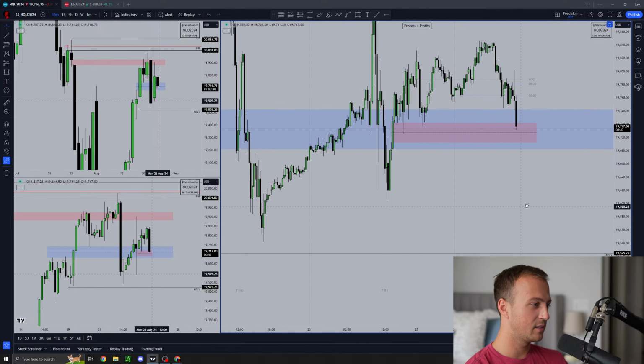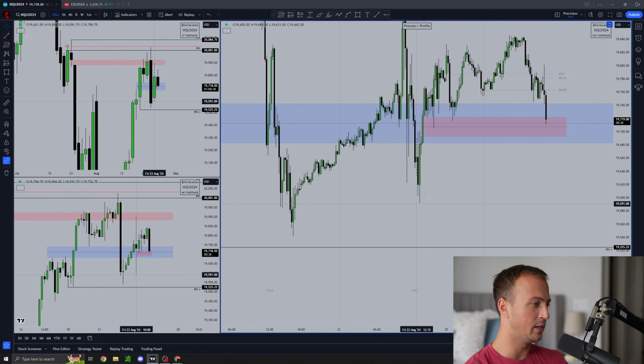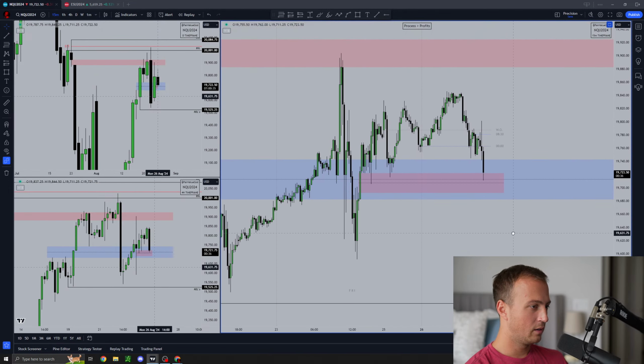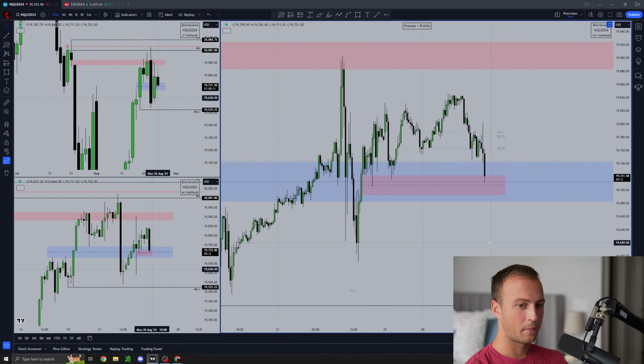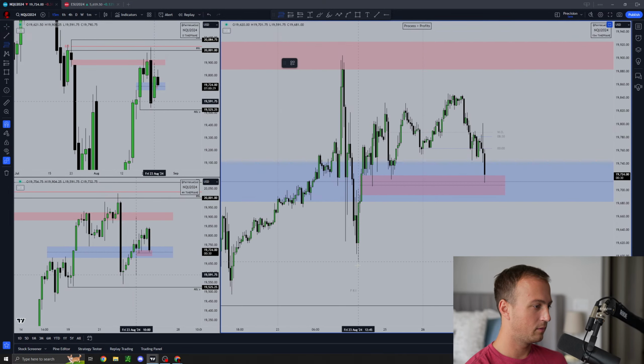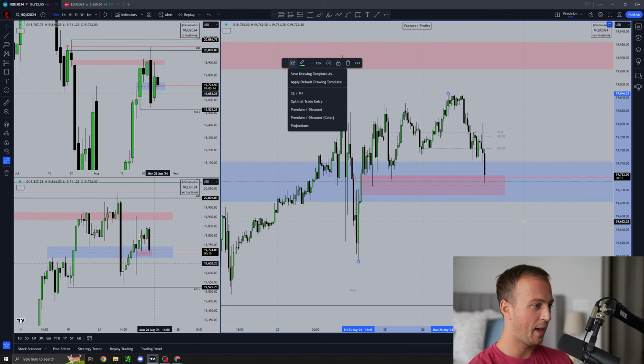If it does, then I start thinking about these lows over here as a potential target. But for now, take this low to this high. We're in a discount, hitting 50% from this low to this high of the dealing range. We just hit equilibrium too at these points of interest. So I'm kind of waiting to see what happens.